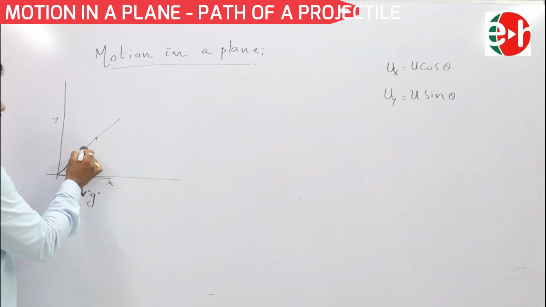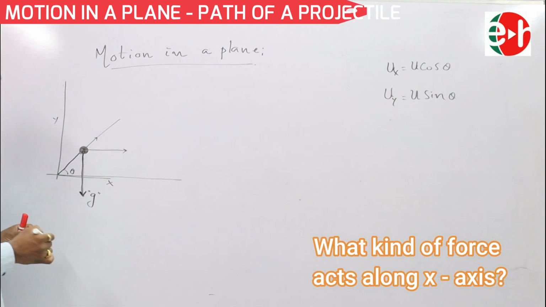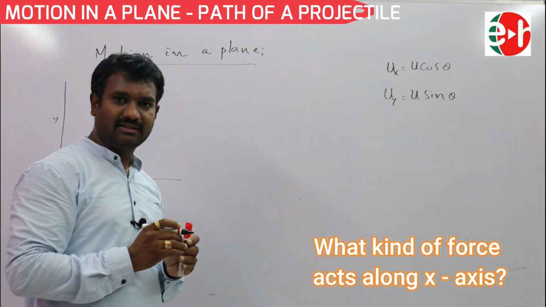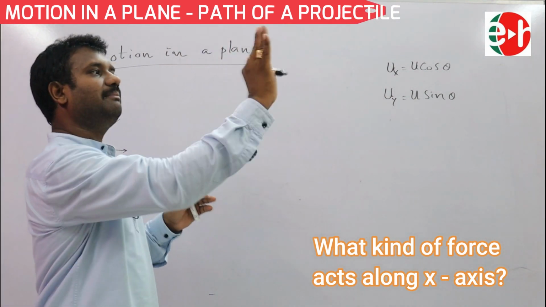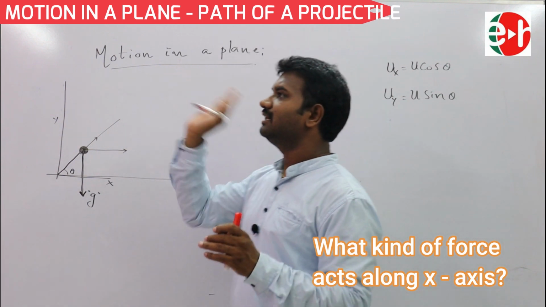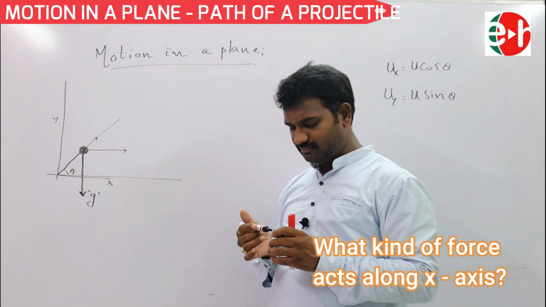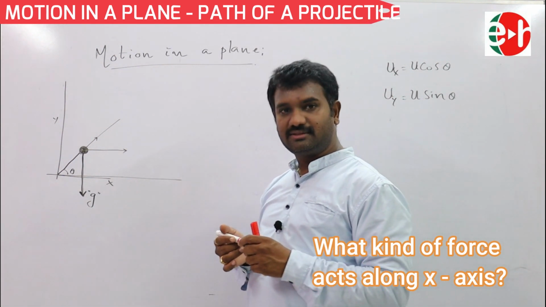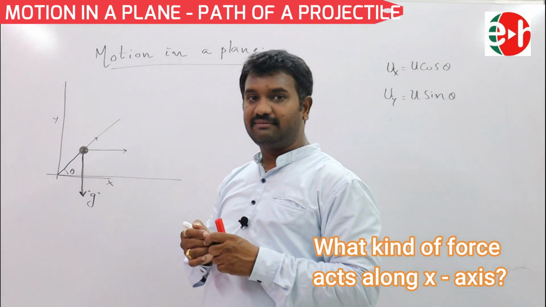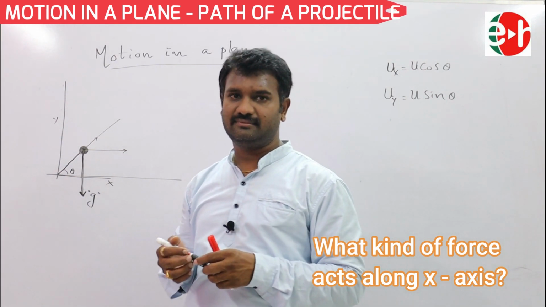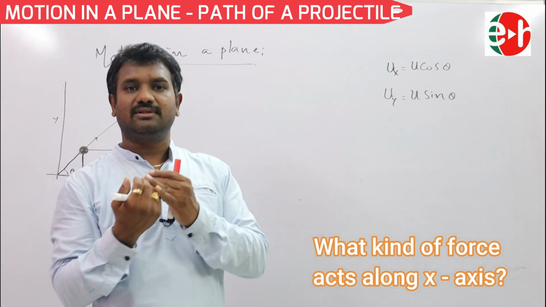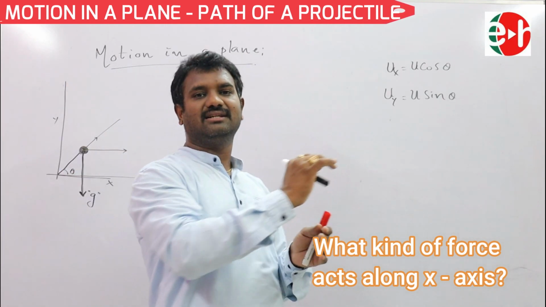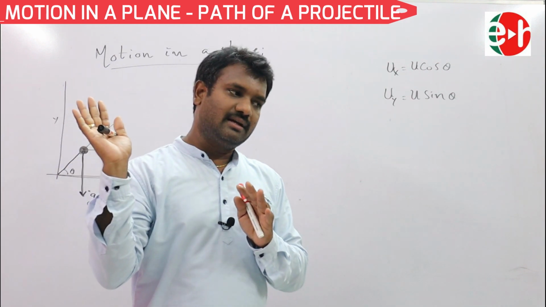And what about the x direction? Is there any force acting along the x direction? If the body is moving like this, is anyone applying some force in this direction or in this direction? Yes, if there is some wind, it may oppose the motion, or if the wind is blowing in this direction, it may accelerate it.